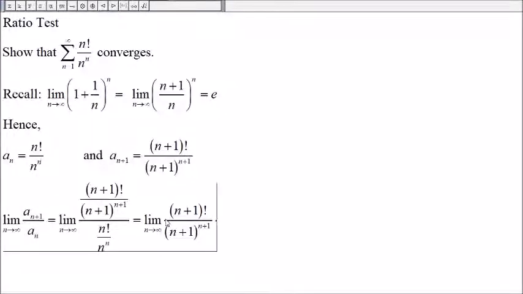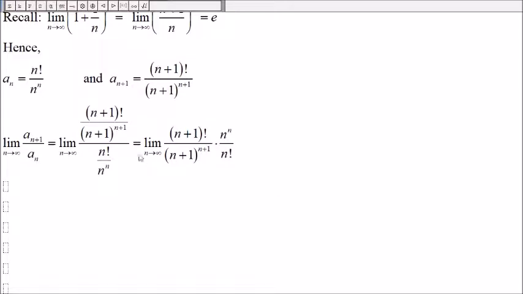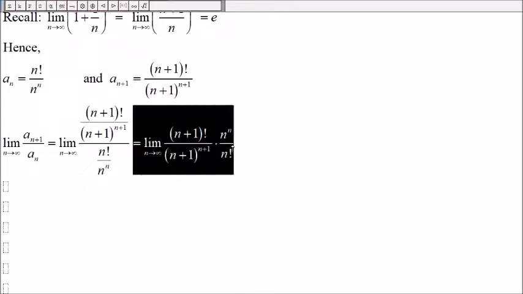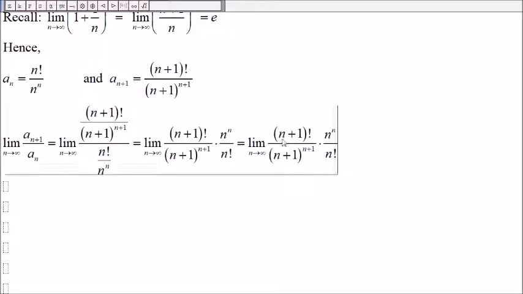That, and then times the reciprocal of n factorial over n to the n. And now let's rearrange things a little bit more.